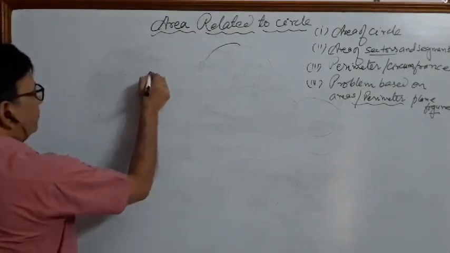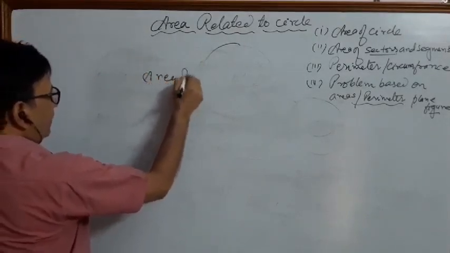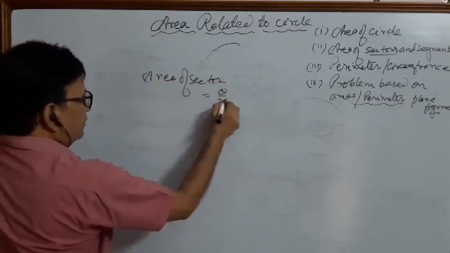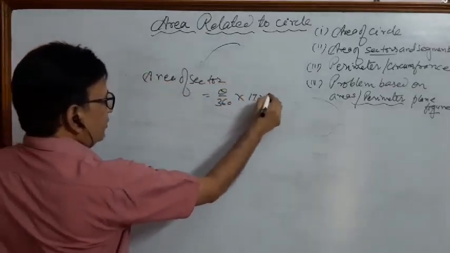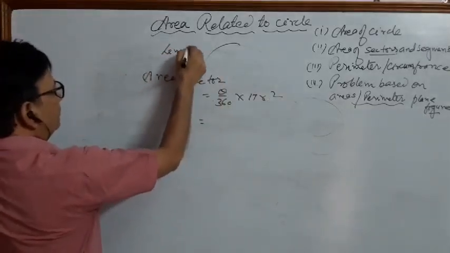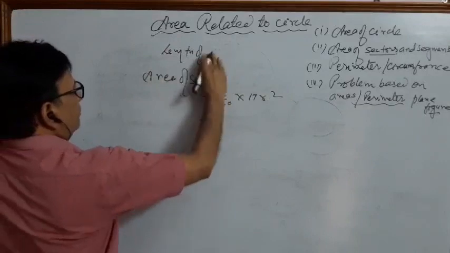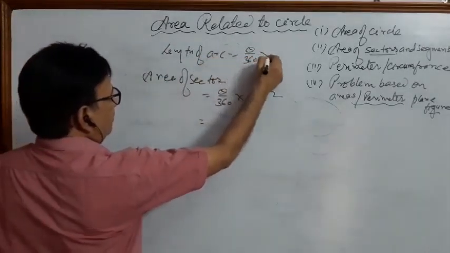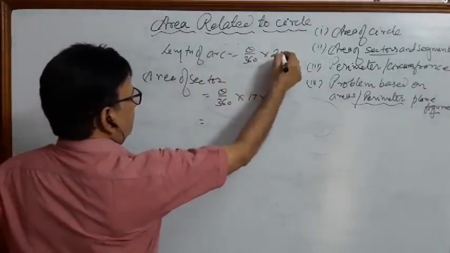Now see, area of sector, as you just wrote here, is theta upon 360 pi r square, and length of arc is theta upon 360 2 pi.